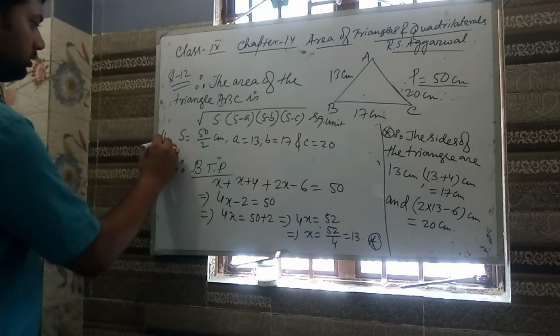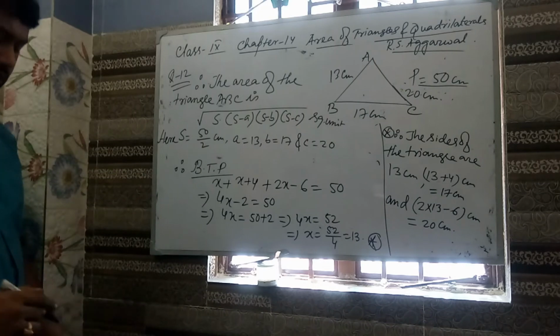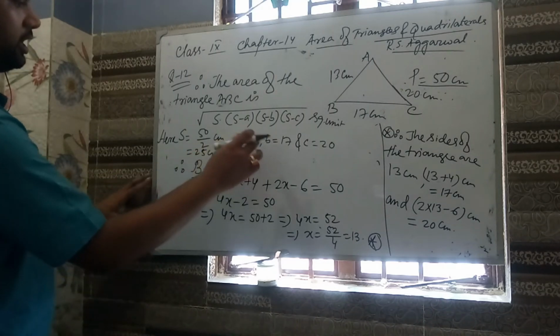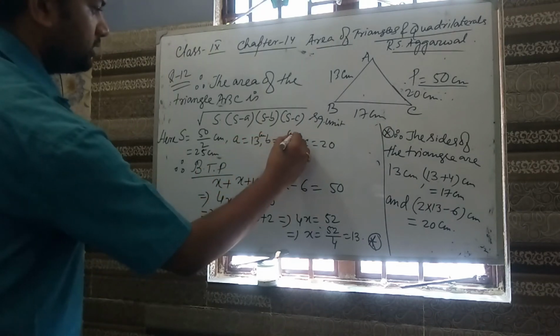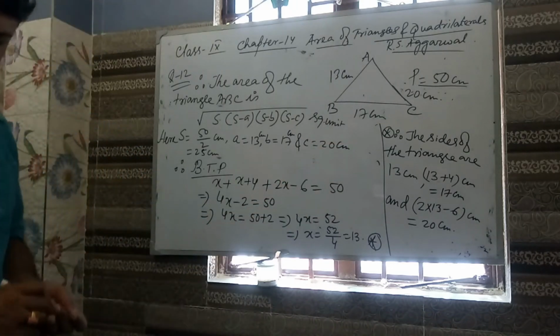Write down here S equal to 50 by 2 centimeter, that is 25 centimeter. A equal to 13 centimeter, B equal to 17 centimeter, C equal to 20 centimeter. Calculate it.